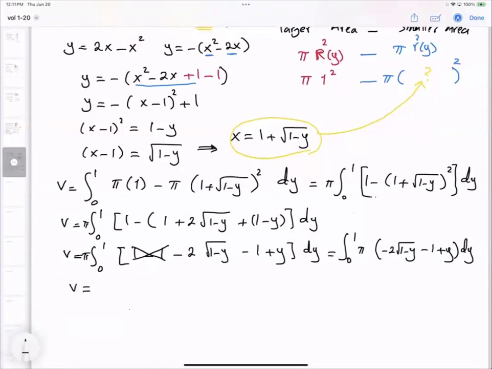The volume is pi times the integral of negative 2 square root of 1 minus y, which is 2 times 1 divided by 3/2 times (1 minus y) to the power 3/2, minus y plus y squared divided by 2, and y ranges between 0 and 1.